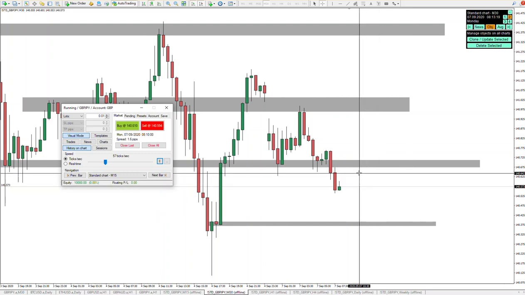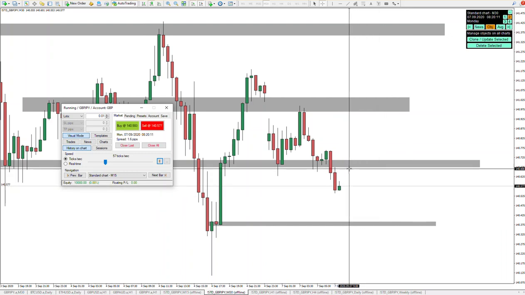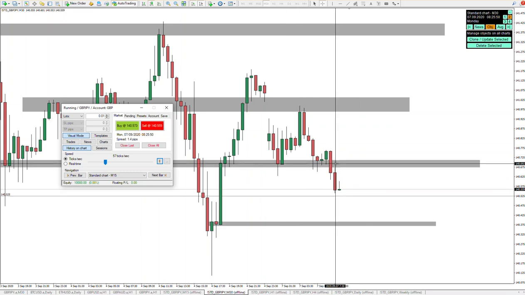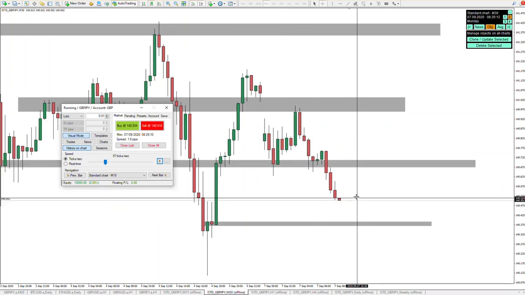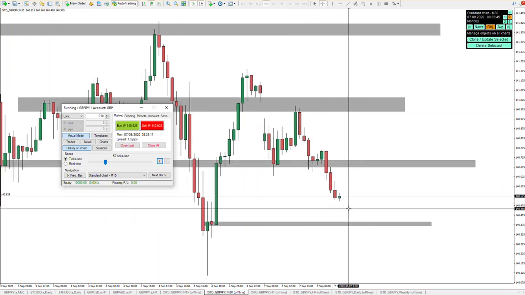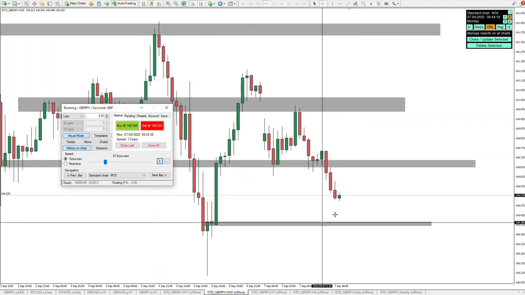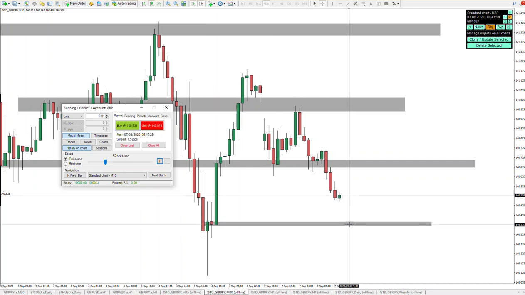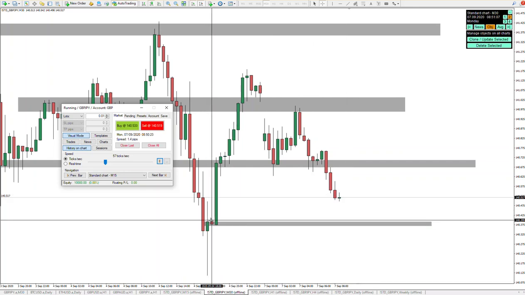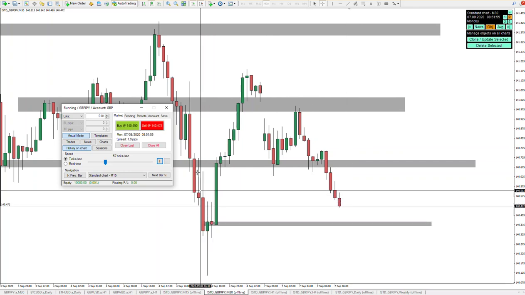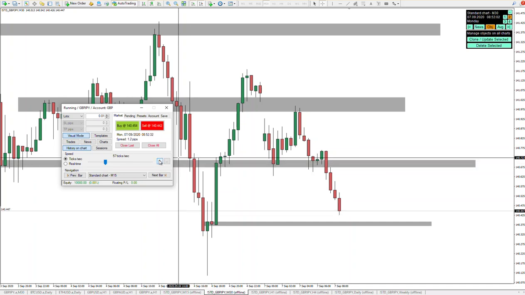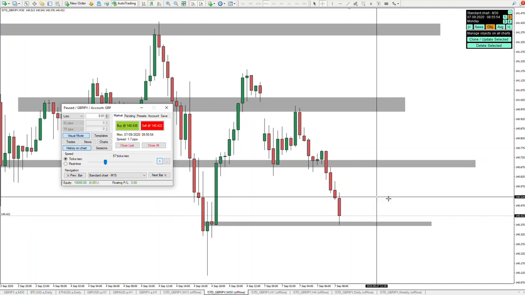It would be interesting to see a rejection of this previous support, but if not, then we have to look at what will happen right here. Maybe we can get a buy from this support. Let's see. Okay, look at that.